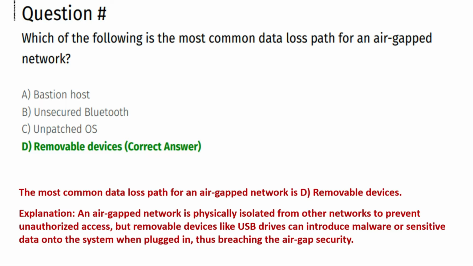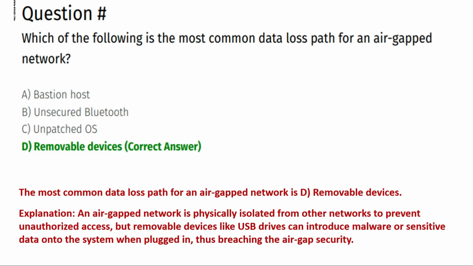Next question is, which of the following is the most common data loss path for an air gap network? Option A, master host. Option B, unsecure Bluetooth. Option C, unpatched OS. Option D, removable devices. And the correct answer for this question is option D, removable devices. And let's check the explanation.